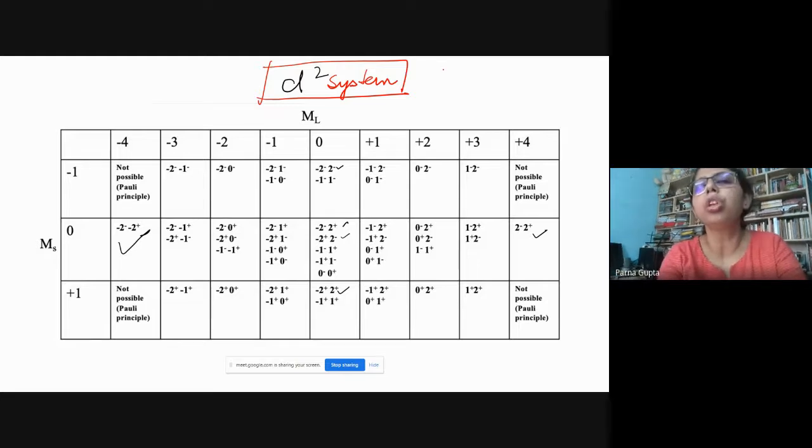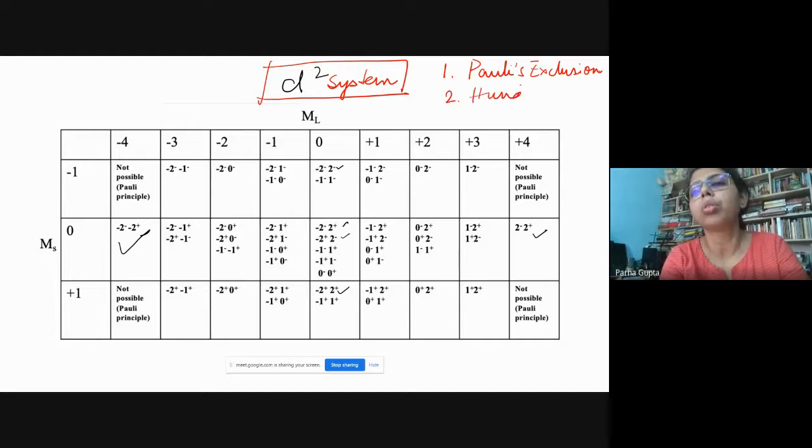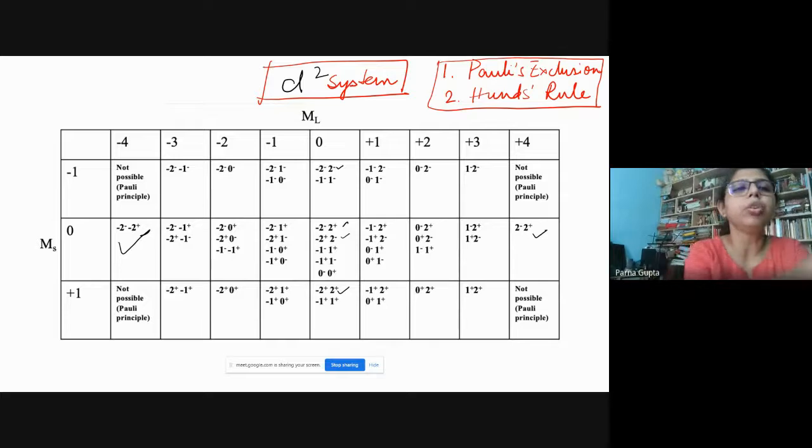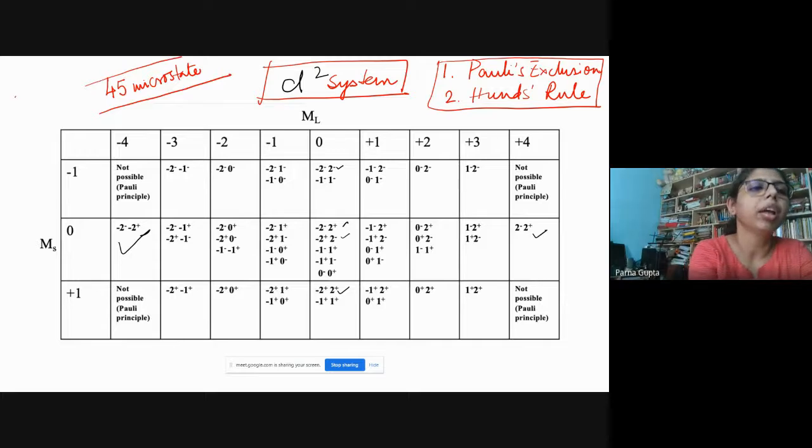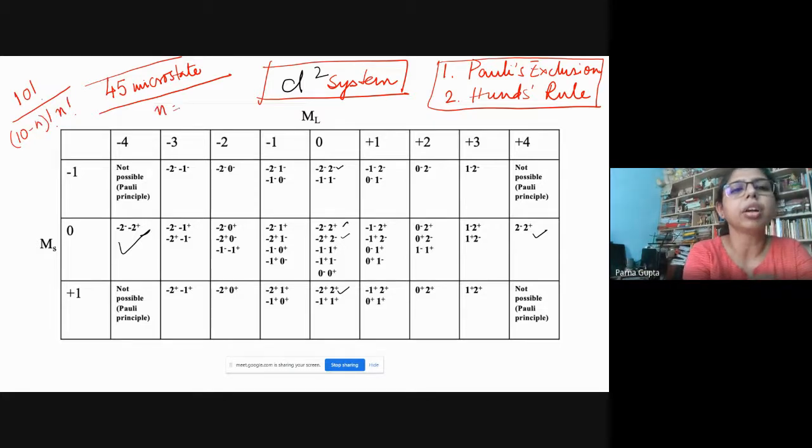And here two things we have taken. One is Pauli's exclusion principle, as I told you last day, and second is Hund's rule. So after getting the permitted ones, this is the d2 system, and we get 45 total microstates, and this is 10 factorial over (10 minus n) factorial times n factorial, where n is the number of electrons.